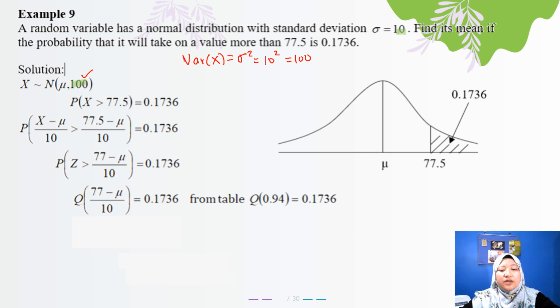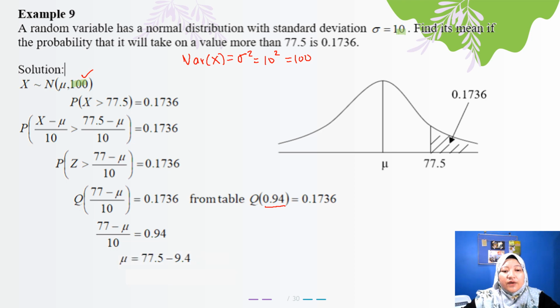So from the table, find 0.1736 and we have the score z is 0.94. Compare their value and find the mu.